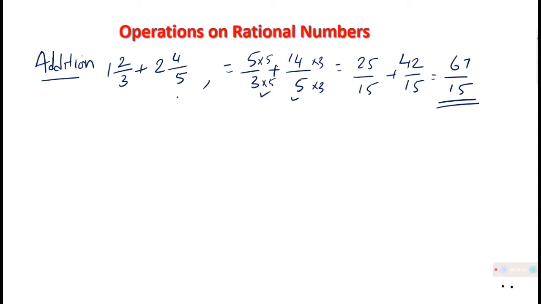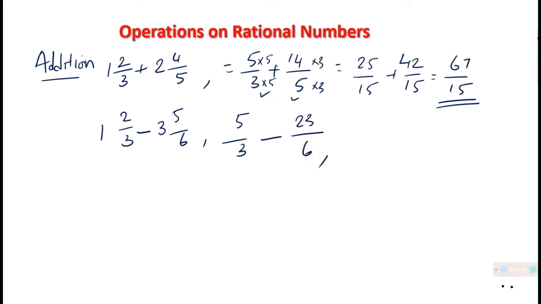If it is a subtraction sum, for example, if it happens to be 1 and 2 upon 3 again, minus 3 and 5 upon 6, we will convert that into an improper fraction. It will be 5 upon 3 like earlier, minus 3, 6 are 18 plus 5, 23 upon 6.